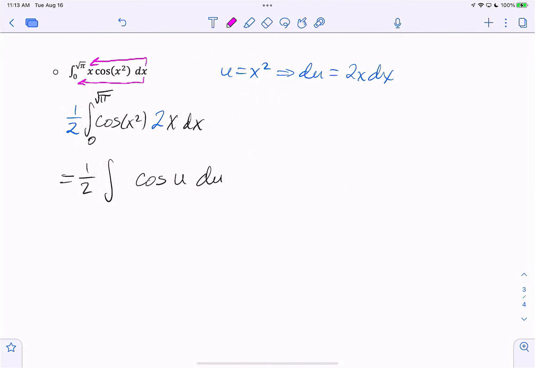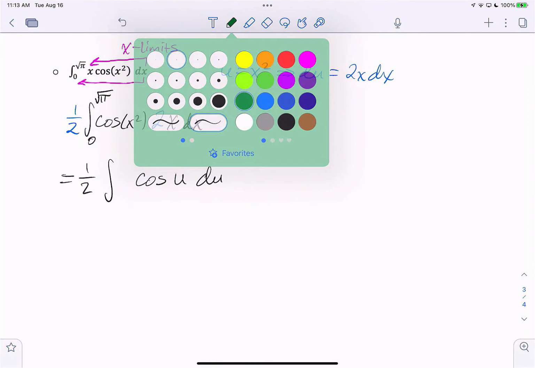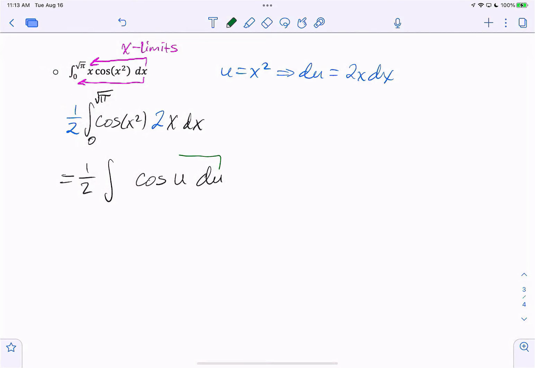We had a dx, so our variable of integration was x. I need to change this so I'm in the same language. My differential is du, and so I need to change my limits to u limits.